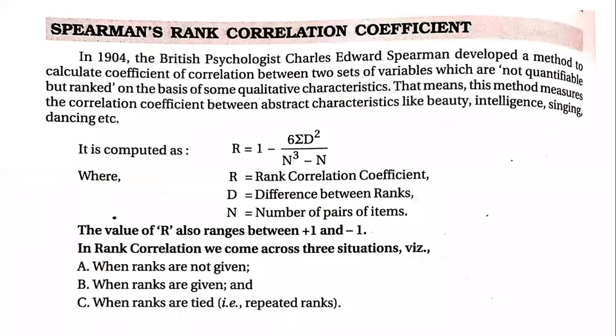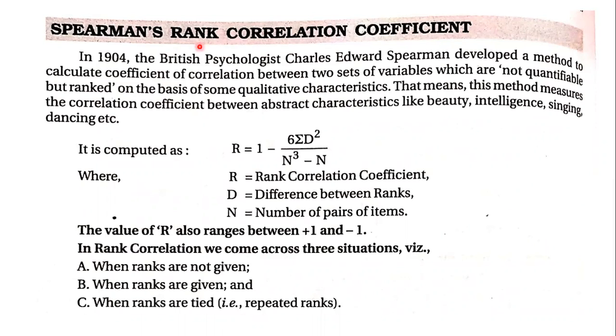So this is another person who has also given a correlation theory, and he has also given the formula to calculate correlation coefficient. So let us understand what is Spearman rank correlation. From the name you will be able to understand it will be ranking the data and then we will be calculating correlation.